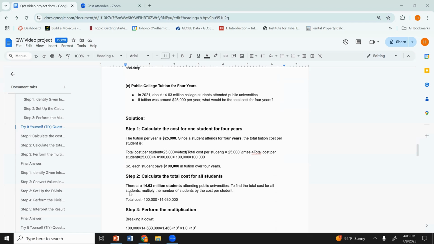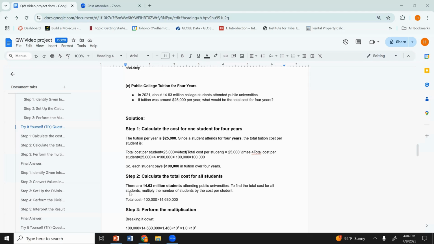Okay, so next question, question number C, is about public college tuition fee for 4 years. In 2021, there were about 14.63 million college students attending public universities. If the tuition is 25,000 per year, what would it cost for 4 years for all these folks?